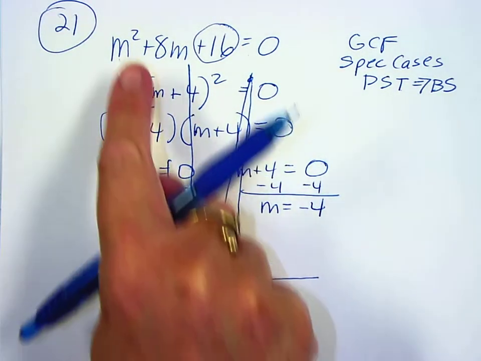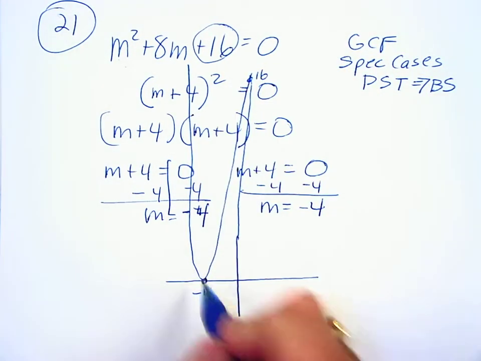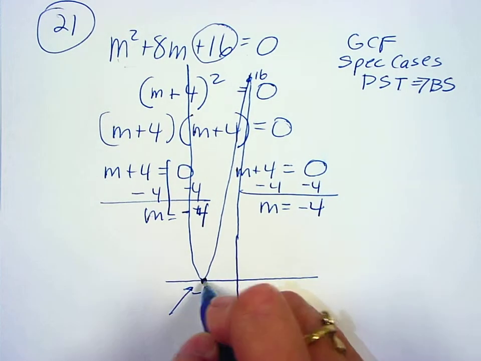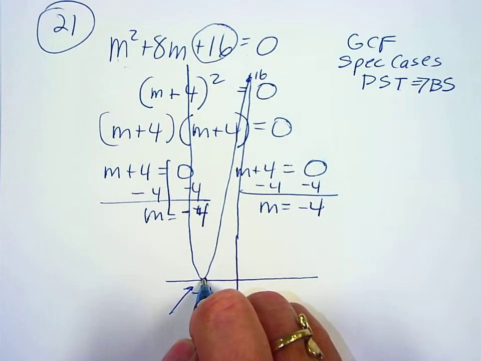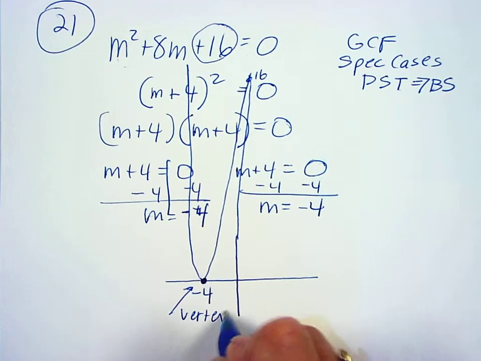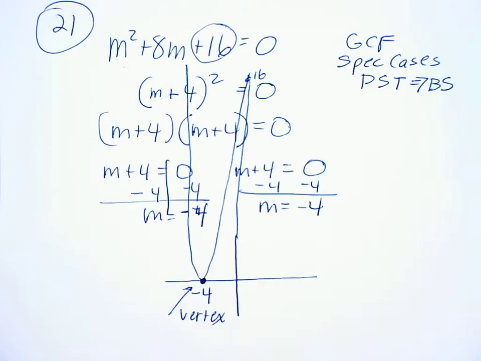Opens up, leading coefficient's positive, y-intercept is 16, x-intercept is -4, and since it's the only point that touches the x-axis, it's also the vertex. Very cool. And if it was a PST, we could instantly know to do a binomial squared when we factored it.